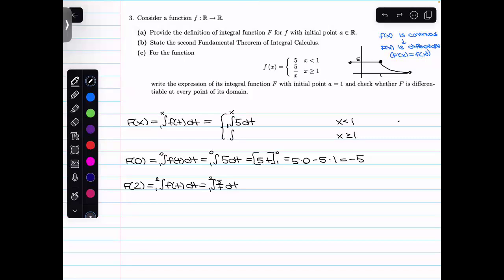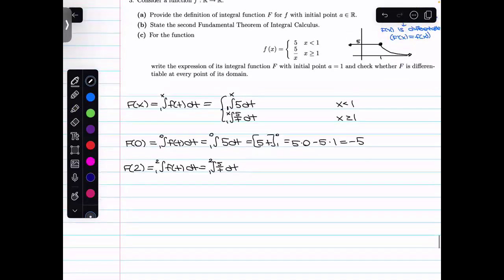And as I said, this was just an example. So if we want to generalize, we don't actually know what x is. We just know it's bigger or equal to 1. But for any number bigger or equal to 1, when you plug it in here, you're always going to integrate that same part of the function. So to generalize, we can say that we go from 1 to x, and now we integrate this one. We just change the notation to t.